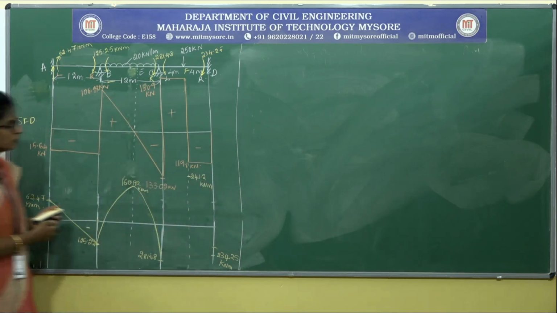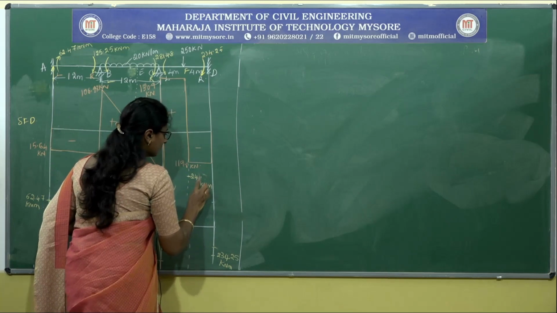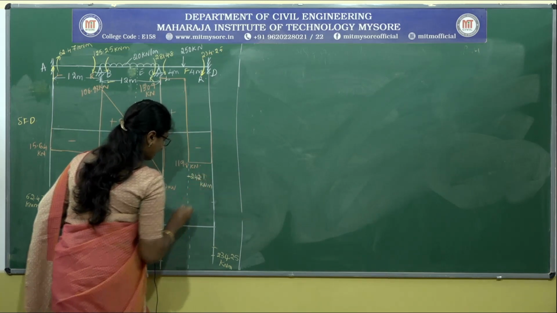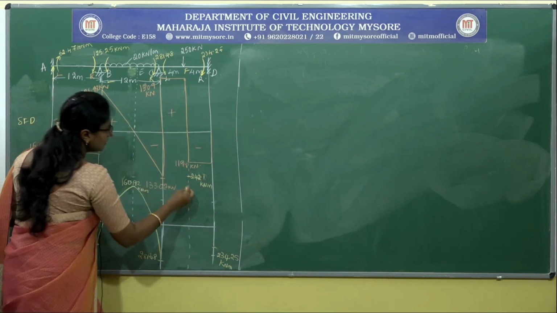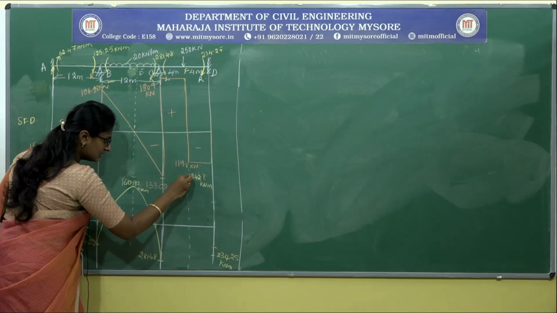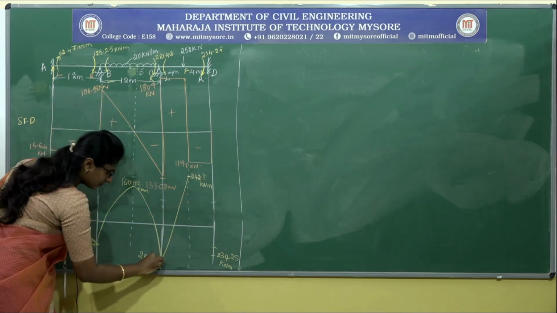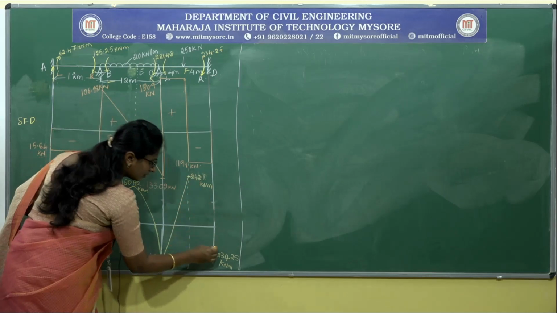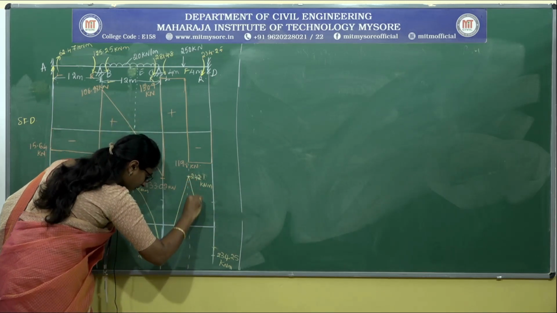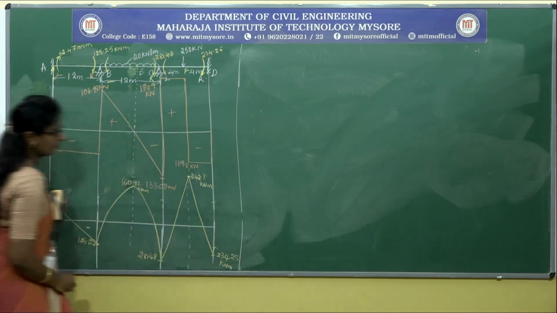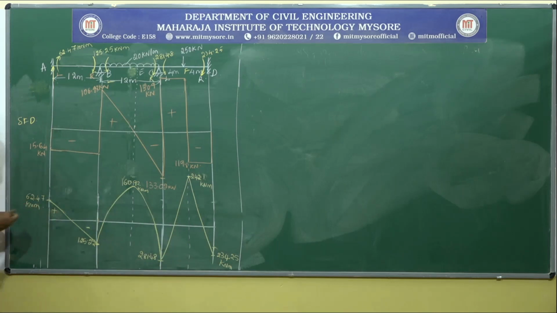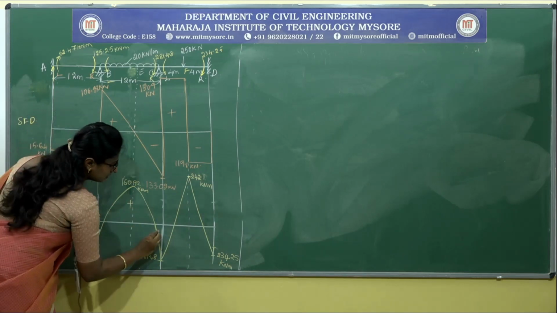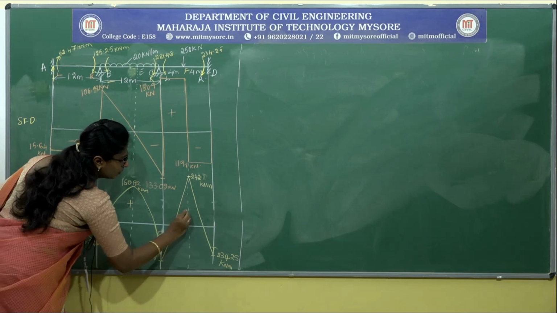If you join this, since it is a point load, the variation is linear. This is the positive bending moment, this is the negative bending moment.